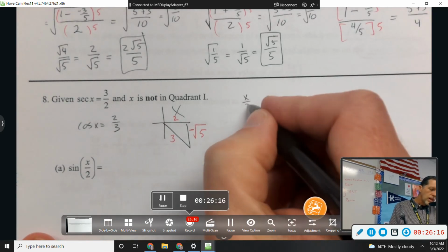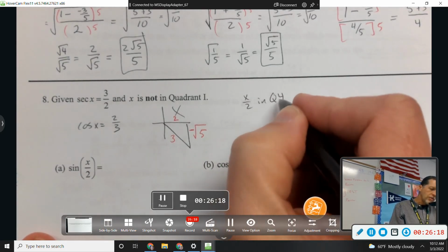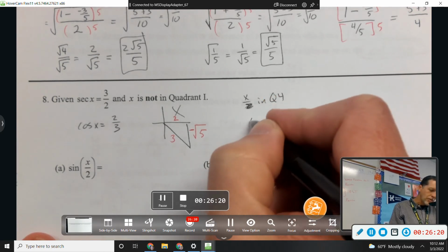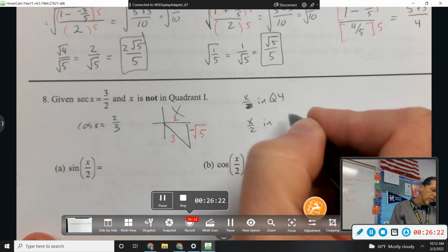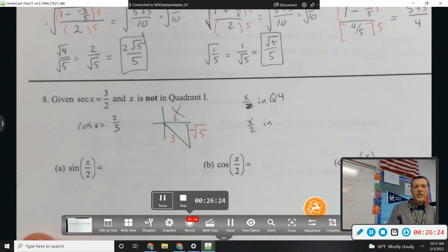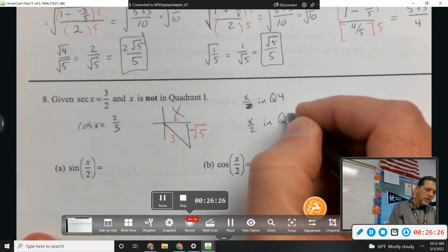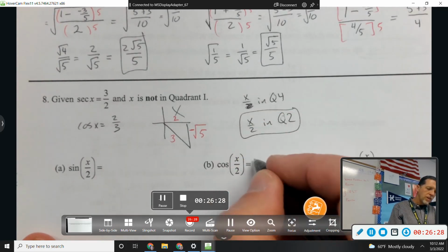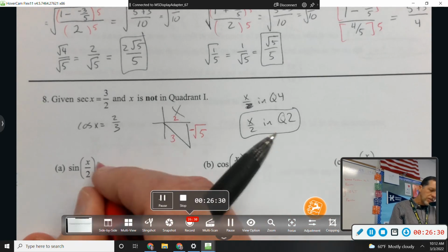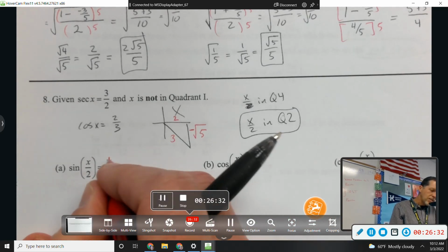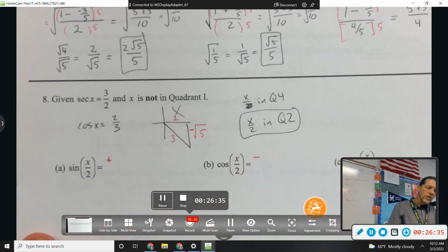Alright, if x over 2 is in quadrant 4, no, x is in quadrant 4, which means x over 2 is in quadrant 2, which means, let's go in order, sine is positive and cosine is negative.